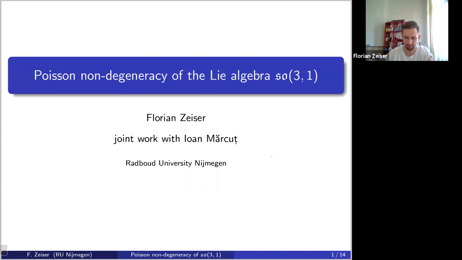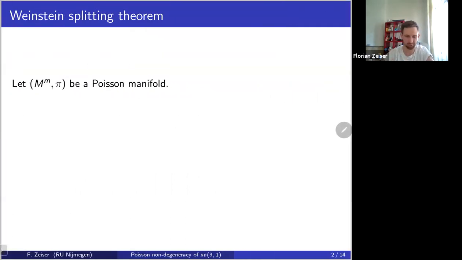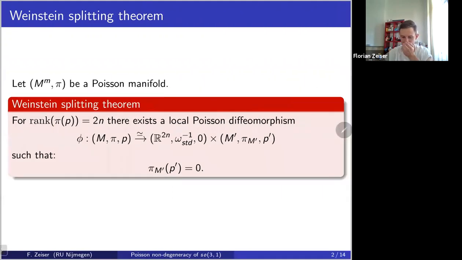So we start with a Poisson manifold (M, π). And first we want to recall the well-known Weinstein splitting theorem, where we have a point p of the manifold where the Poisson structure has rank 2n.